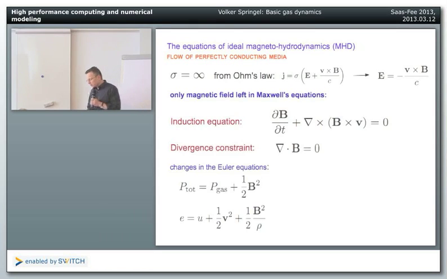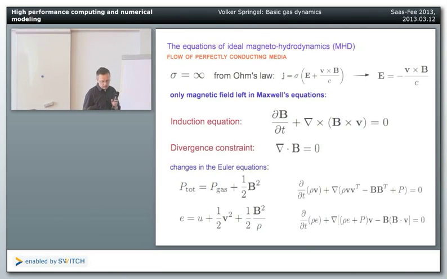And also the local specific energy density is modified with the magnetic field. So we now have a thermal component, a kinetic component, and a magnetic energy component in the total energy per unit mass. And these are basically two important changes. You have to replace the corresponding symbols in the Euler equations with this.